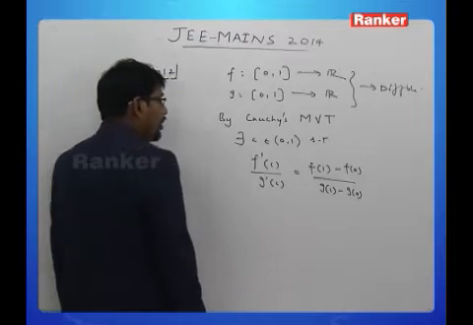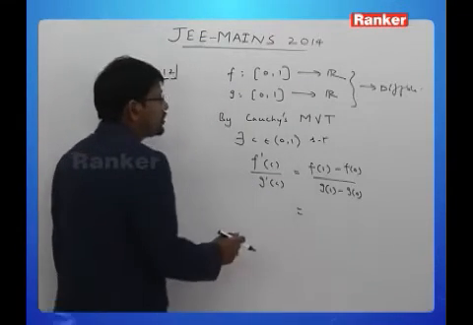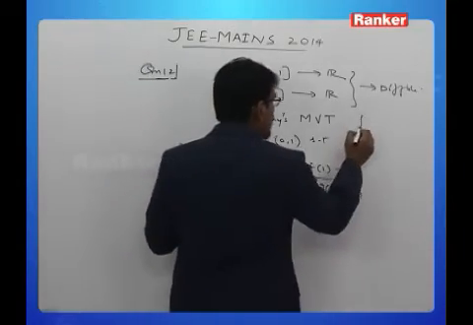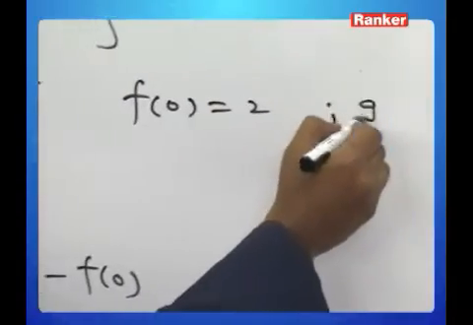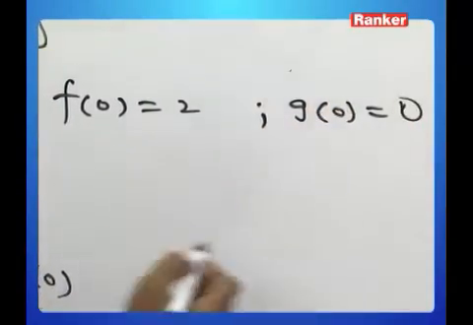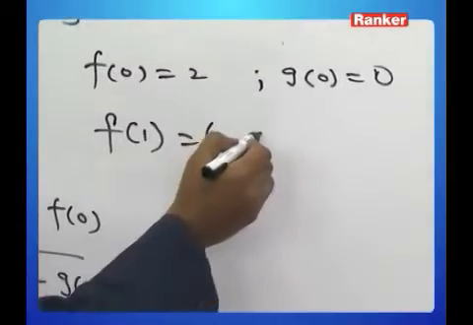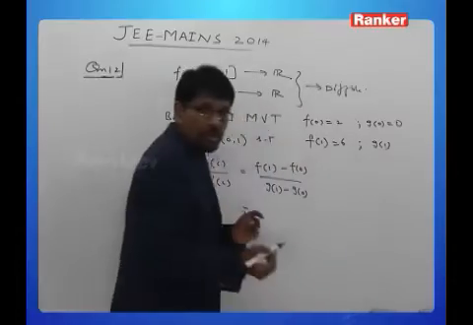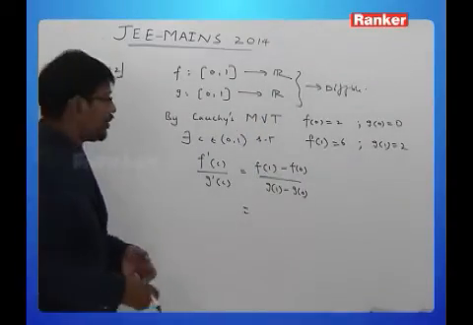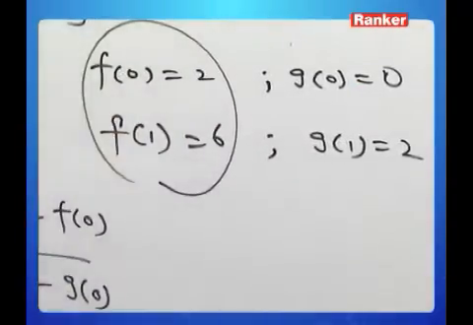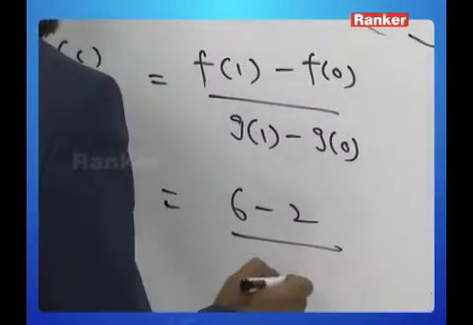All right. So here, what is f of 1? We are given that f of 0 is 2 and g of 0 is 0. f of 1 is 6 and g of 1 is 2. So let's substitute. f of 1 minus f of 0 will give me 6 minus 2 here, and g of 1 minus g of 0 is 2 minus 0.